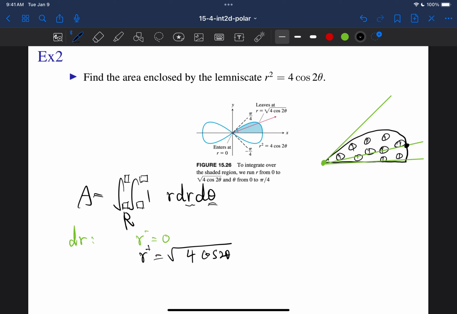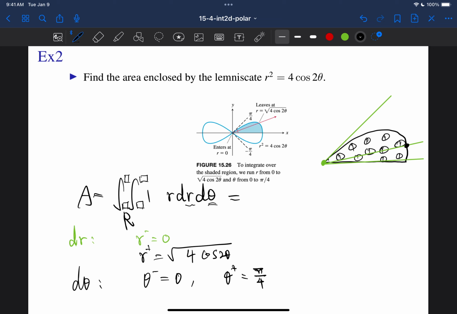For the theta range, you start from this bottom light beam, which is angle 0, and you stop at this light beam, which is pi over 4, 45 degrees.